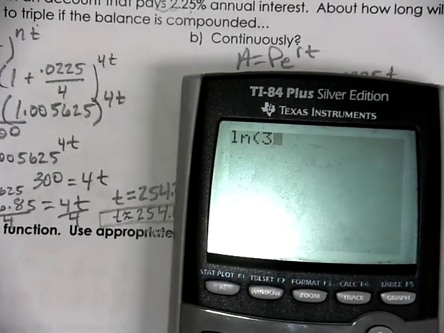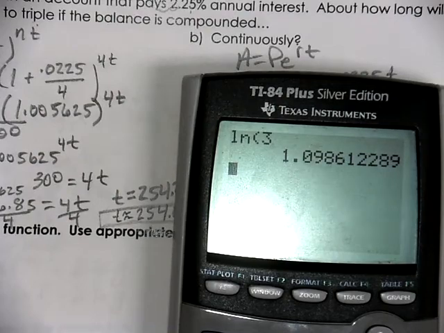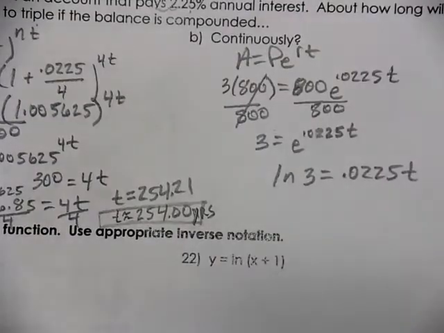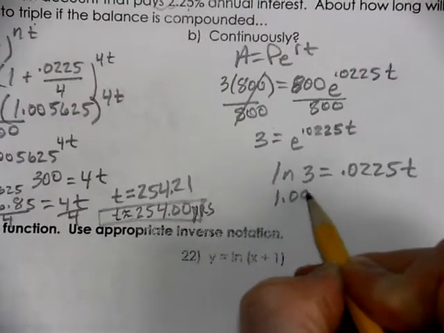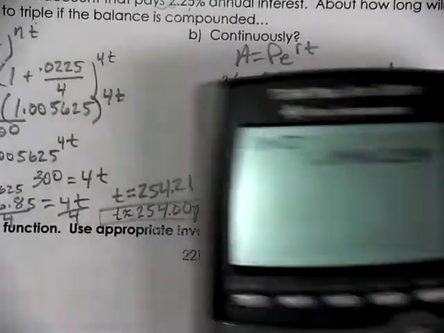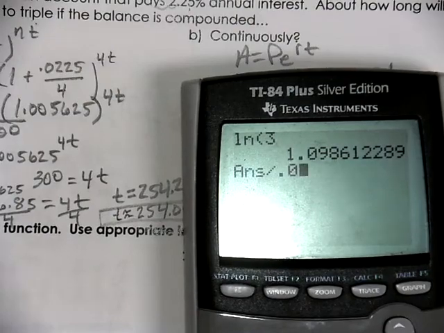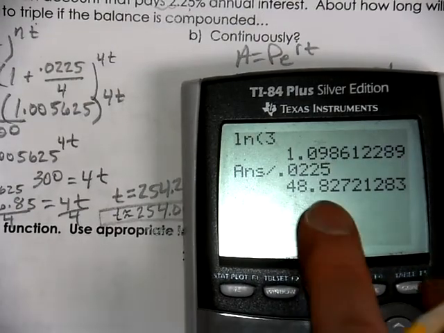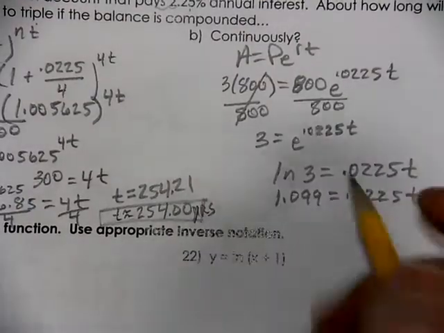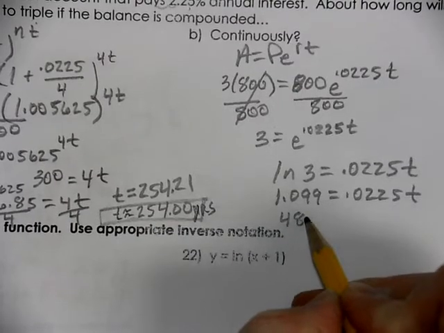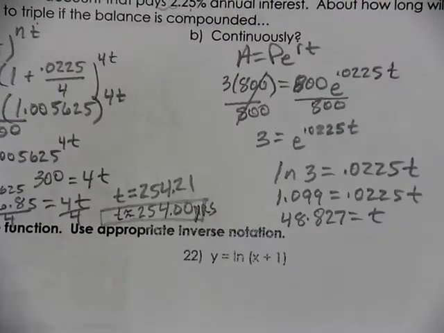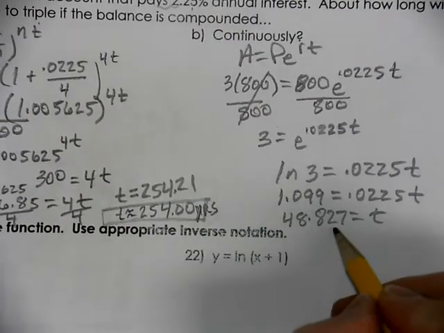The natural log of 3 gives us 1.098, and that would be 1.099. And we can divide that by 0.0225, 48.827. Those would be years.